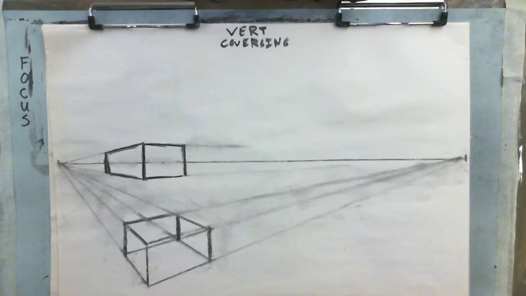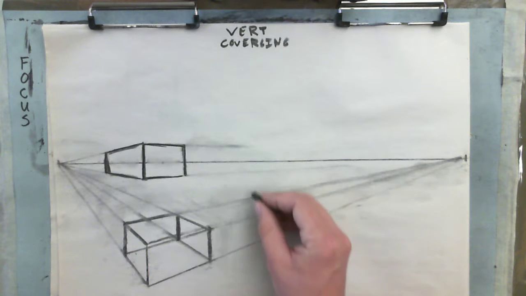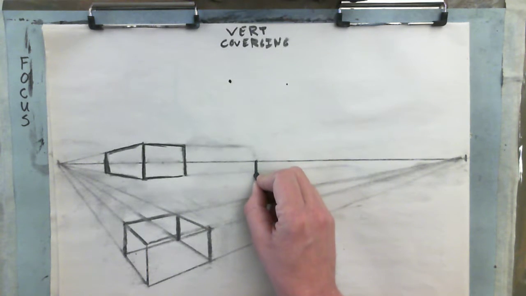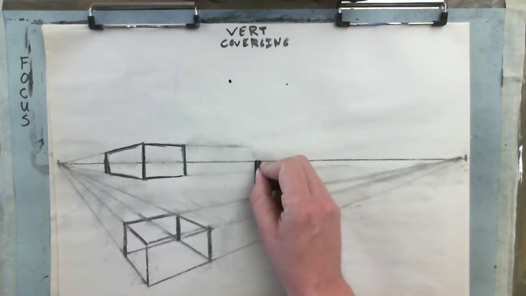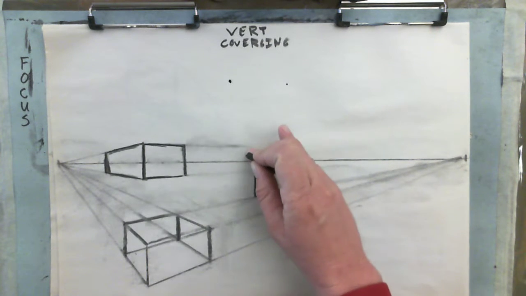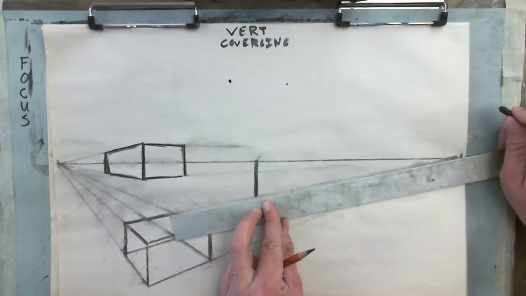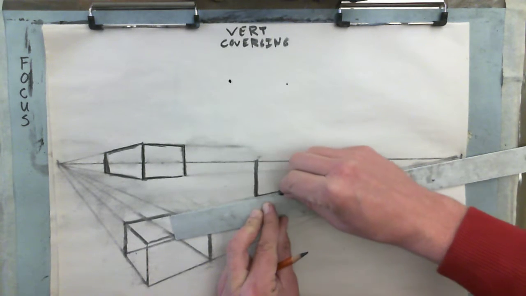There are going to be some exceptions to all of the lines being vertical or diagonal, or there's going to be one exception. That exception will be if I've got an edge that ends on the horizon, the bottoms are still going to go to the vanishing points.